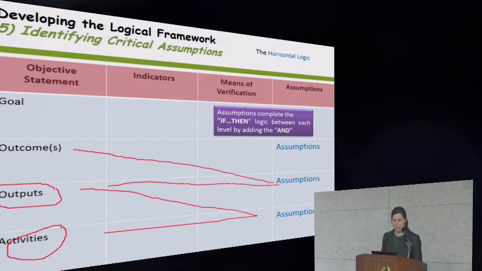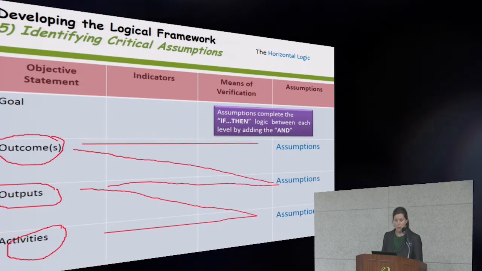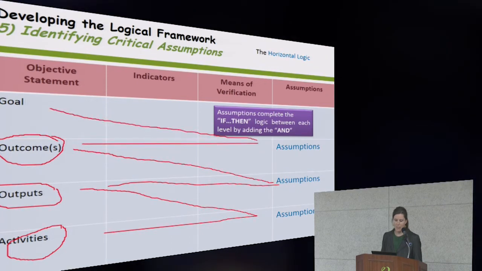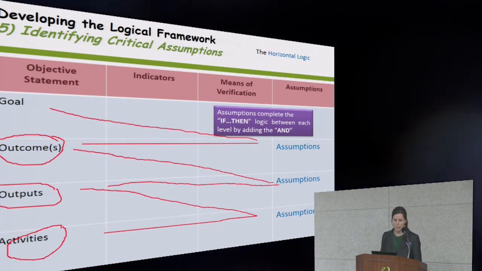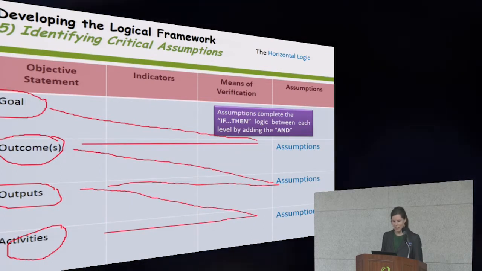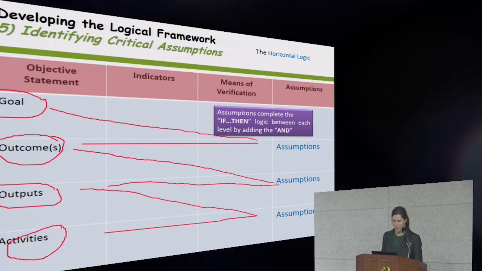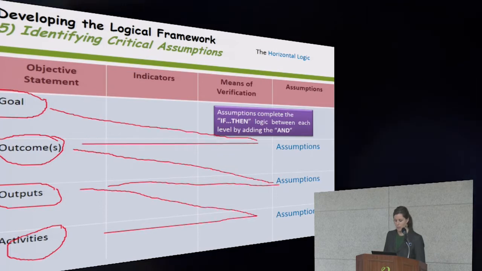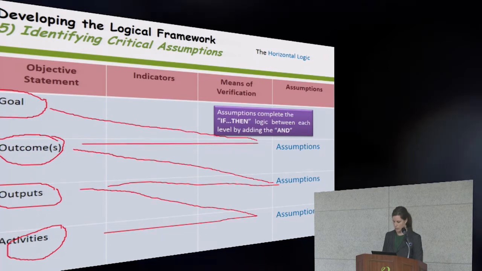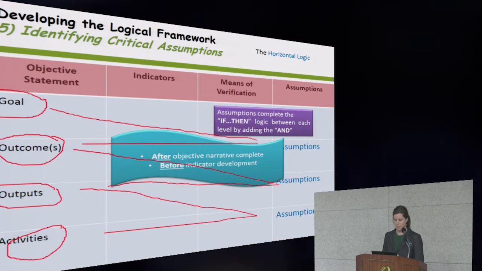And if the outcomes occur and the assumptions hold true at that level of the log frame, then ultimately we'll be able to contribute towards the goal. So that is how we want to walk through the logic of our log frame. And testing the robustness of the intervention logic in this way should take place prior to moving on to indicator development.